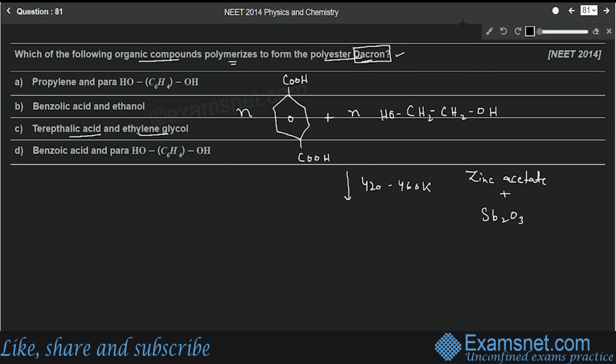As a result, the product that will be formed is Dacron with the structure OCH2, CH2O, then C double bond O, then benzene ring, C double bond O, and this will continue. So this is the polymer Dacron. So the correct option will be option number C, terephthalic acid and ethylene glycol.